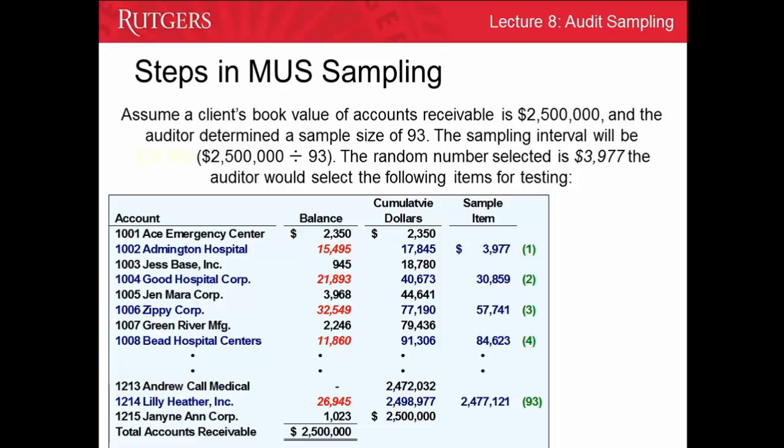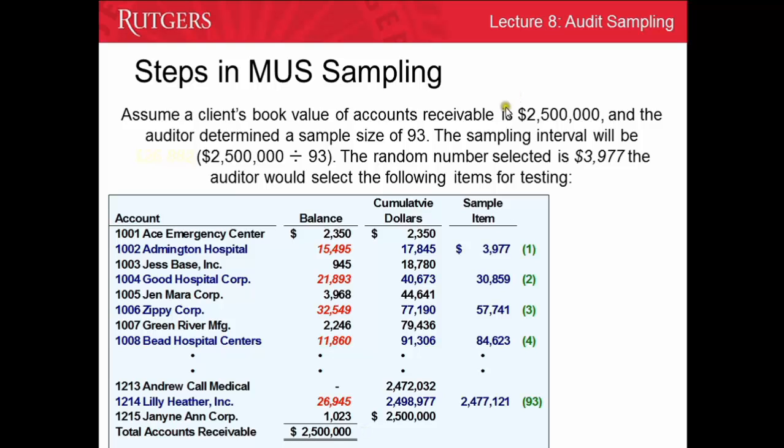Here is an example of how to choose the sample items in MUS. In this table, the total book value of the client's accounts receivable balance is $2,500,000, and the auditor determined a sample size of 93.